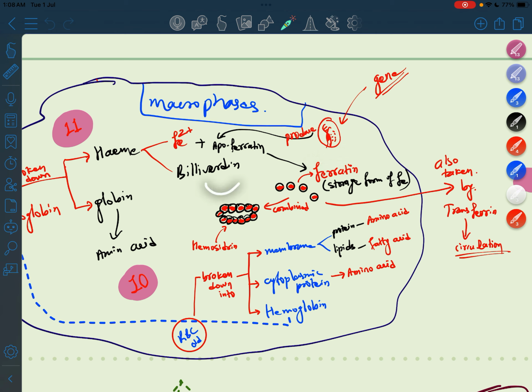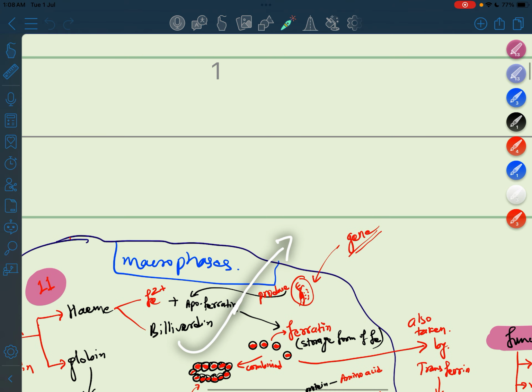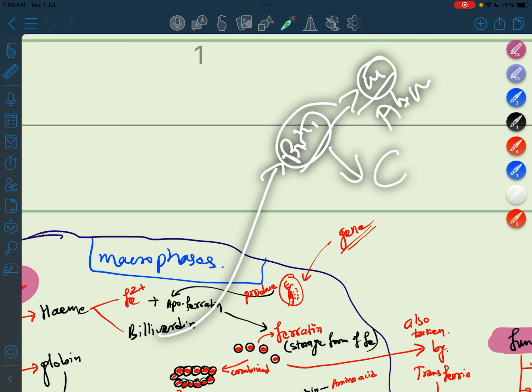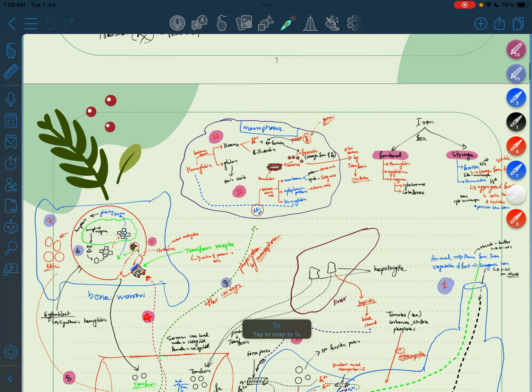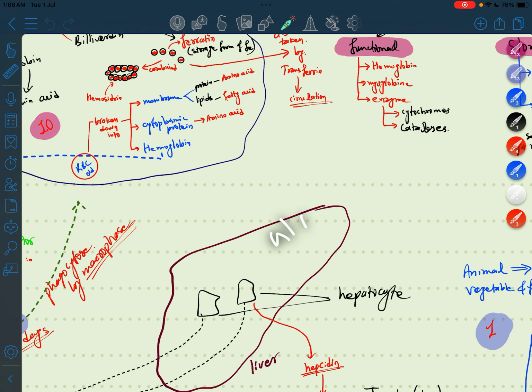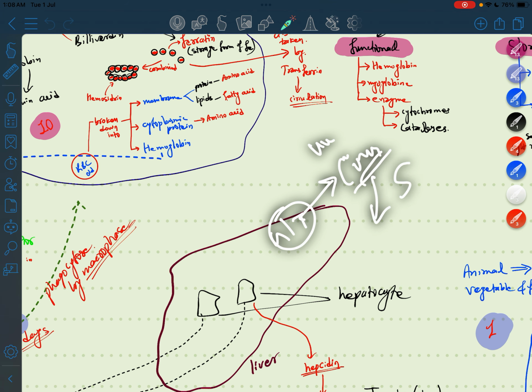Regarding the biliverdin, when we look at the jaundice case, biliverdin is converted into bilirubin and goes into the circulation. In the circulation there is albumin, the bilirubin binding protein, which binds to the bilirubin, and this bilirubin goes into the liver. There a glucuronide transferase enzyme converts the unconjugated bilirubin into conjugated bilirubin, and this goes into the small intestine, where it forms stercobilin, which gives the feces a yellow color.